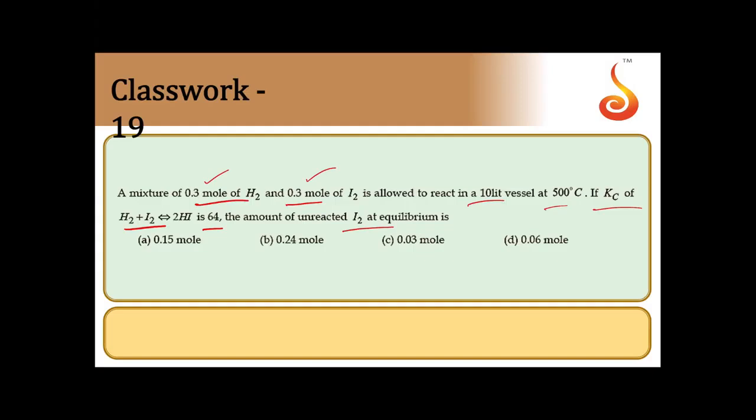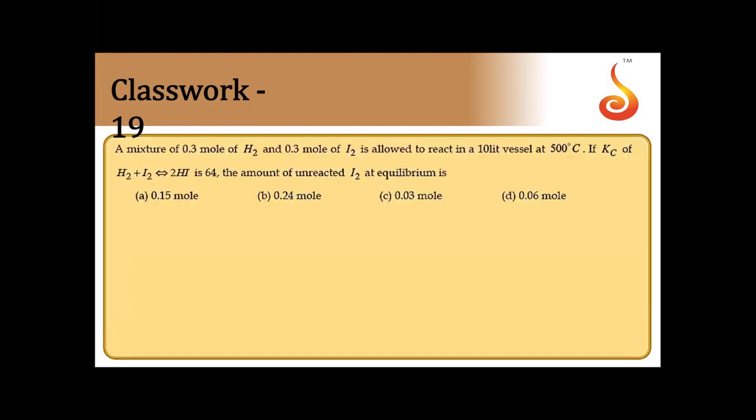Kc of the equation is given as 64. The amount of unreacted iodine is. Let us write the equation first. The equation is H2 plus I2 giving rise to 2HI. Initially we have taken 0.3 moles, initial moles.